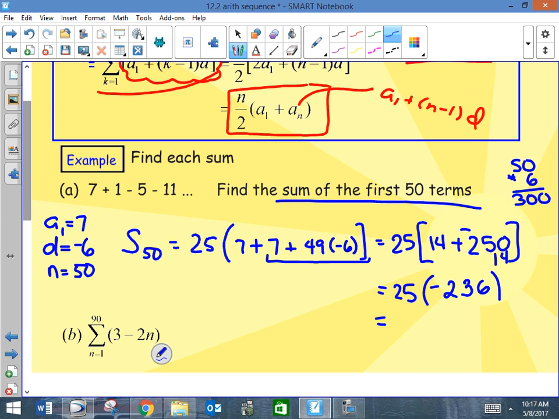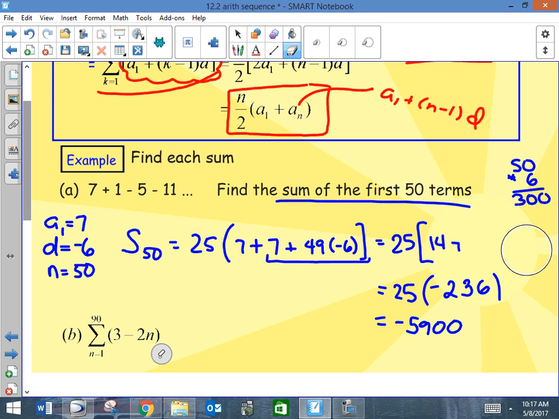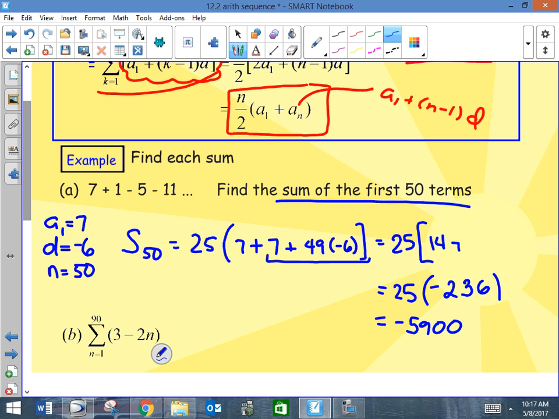Which 25 is that, what y'all got? Can't multiply them. Okay. I'm trying to do tricky math, but it's not working for me.